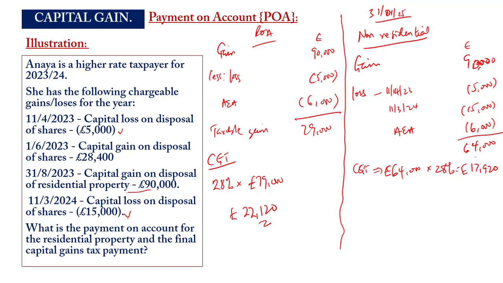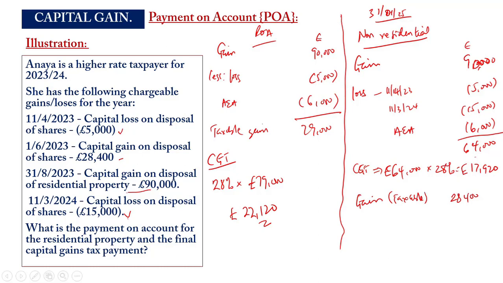The gain on the shares is 28,400. We've already charged the annual exemption to the other gain, so there wouldn't be any annual exemption. So this will also qualify as the taxable gain.